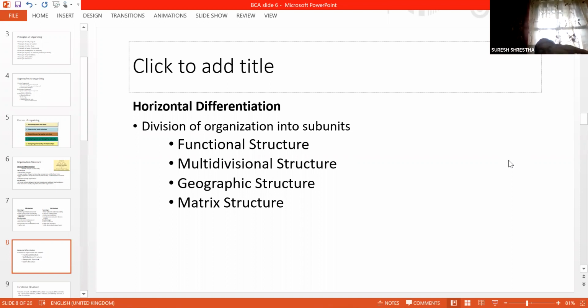You have sales department, marketing department, finance department, accounting department, procurement department, administration, engineering, production. यसरी एकदम डिफरेन्शिएटेड गरेर large number of departments, large number of units गर्यो भने you are structuring your organization with more horizontal differentiation.